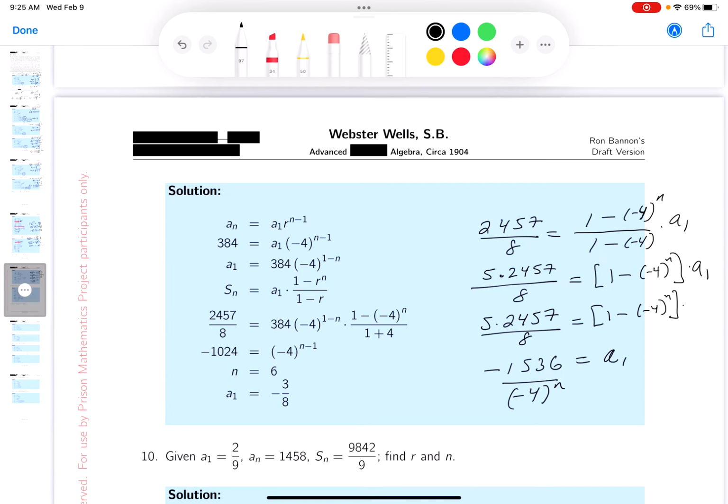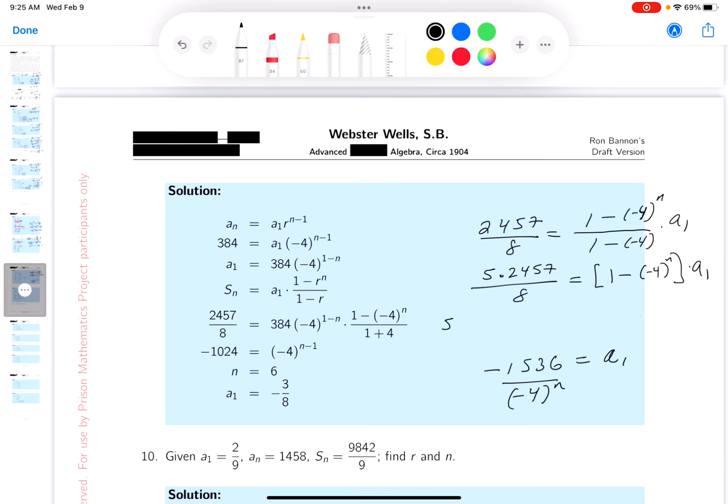What's that going to be? Well, it's this thing over here. You know what? I'm kind of running out of room, so I'm going to have to back up a little bit. Let me erase this over here. Try to be a little bit neater, right? So let's write that down.